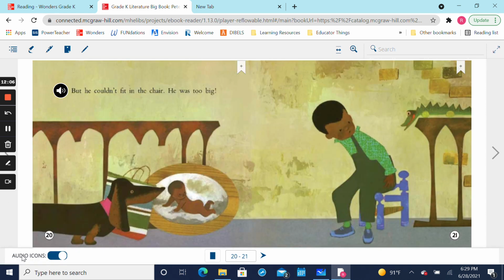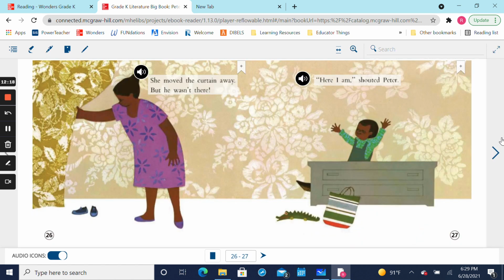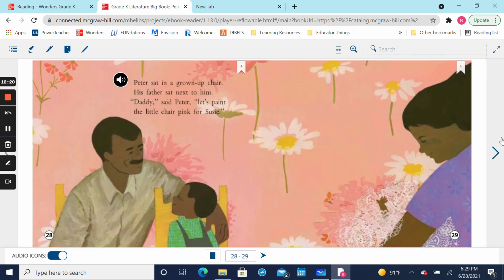And because he couldn't fit in his chair before, I think that Peter realizes that he is a big boy now and that he can't use the chair anymore. So since he can't use the chair anymore, I think that he wants to paint the chair pink for his little sister so that they could still use the chair. But let's keep reading and see what happens.